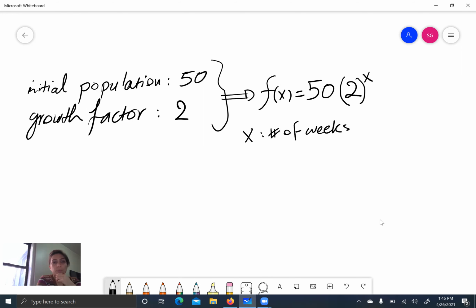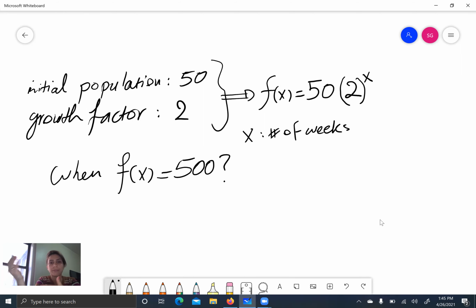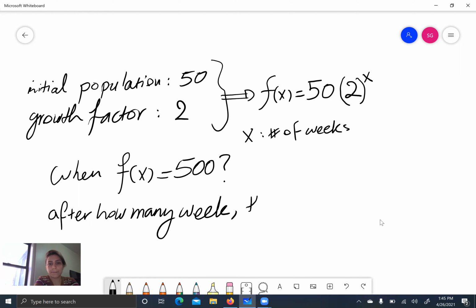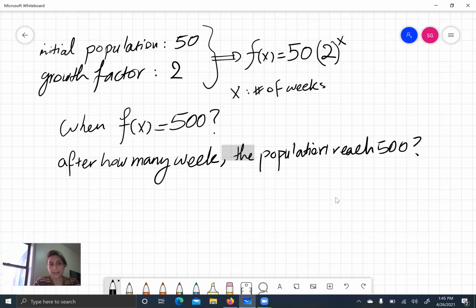And the question is, when the population reaches 500, so when f of x becomes 500. That means the question is, for what x value, or after how many weeks, does the population reach 500? The number of weeks is represented by x.